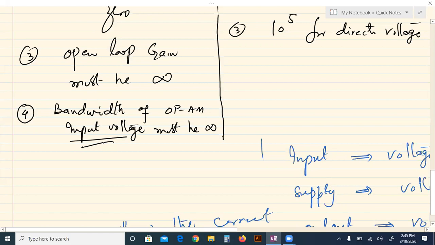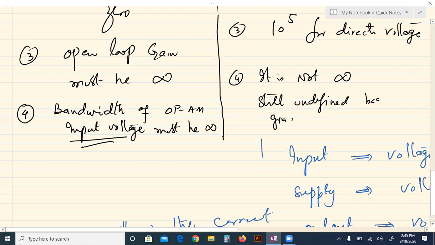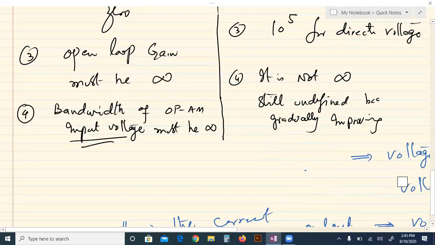All frequencies are accepted, but practically it is not infinity and still undefined, because it is gradually improving. Gigahertz, terahertz, it's gradually improving. So we can't say that this is limited.